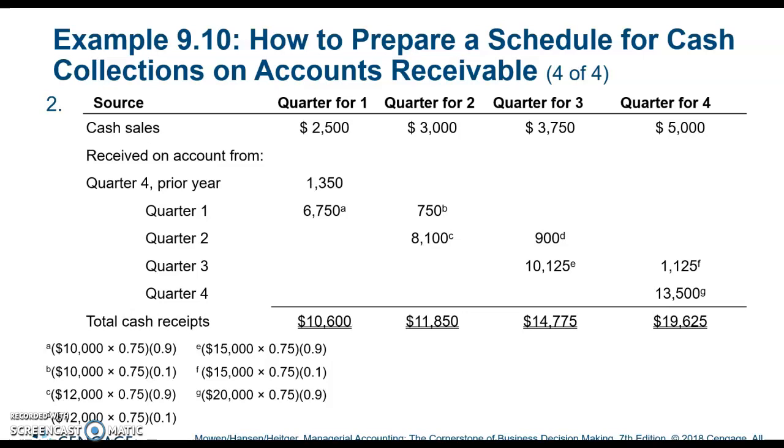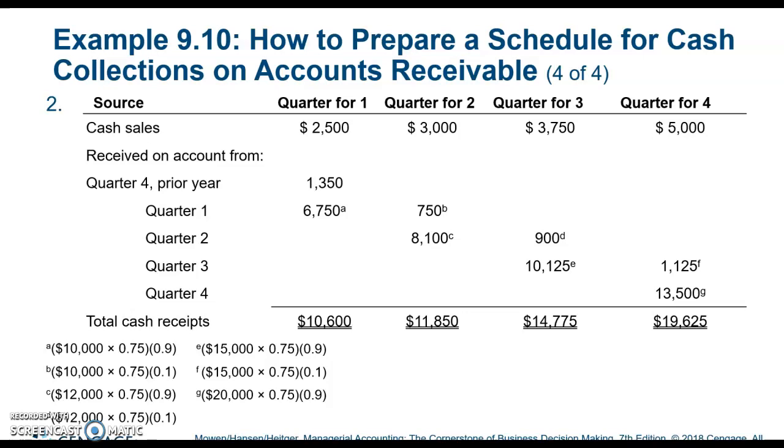Now, of that $9,000 on account, 90% is going to come in cash, where the customer pays us off by the end of the quarter, and 90% of 9,000 is $8,100. And the other 10% of the 9,000 will come in the next quarter.